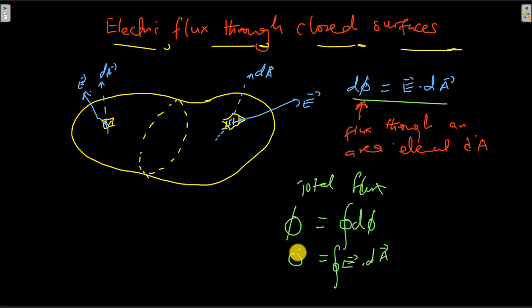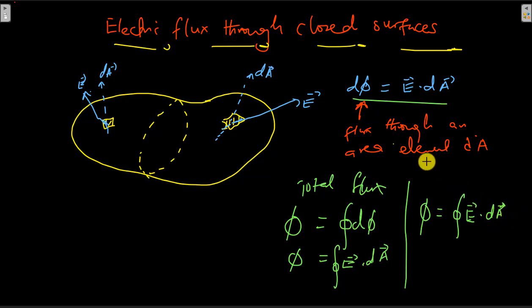So there we go. This is going to be our total flux, the integral over the closed surface of the vector of the electric field dot the vector of the area element pointing from the inside to the outwards.